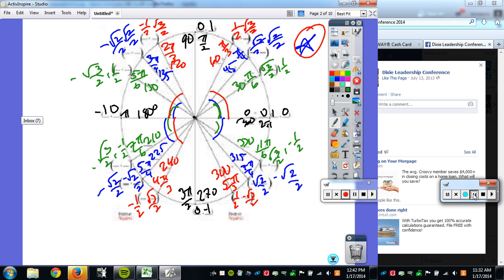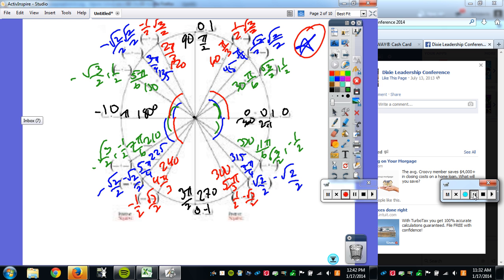Negative a half. What's the sine of 30? A half. See how they're on opposite sides of the x-axis? And since y is the vertical value, aren't they always going to be the opposite value? Where's negative 90? Down here. Where's 90? They're on opposite sides, so they're always just going to be the opposite value of what it originally would have been.